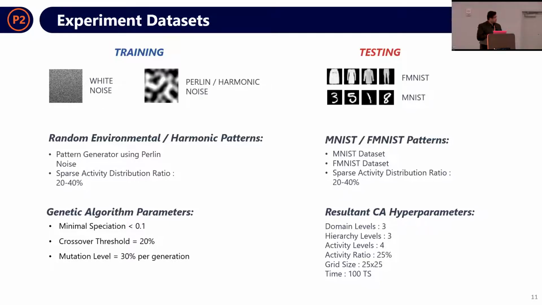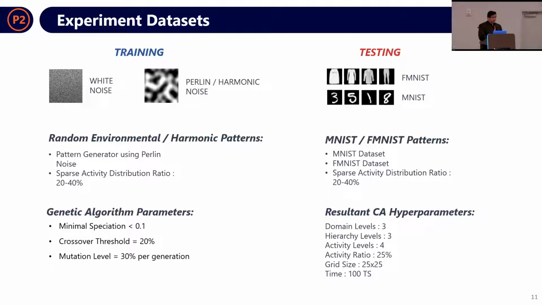So we created our own data set using Perlin or harmonic noise instead of white noise, because white noise is extremely disharmonious, which does not really translate to any real world scenarios. So instead we use Perlin or harmonic noise, which is present in most natural images. So we use Perlin and harmonic noise, and we binarize it and create a pattern.